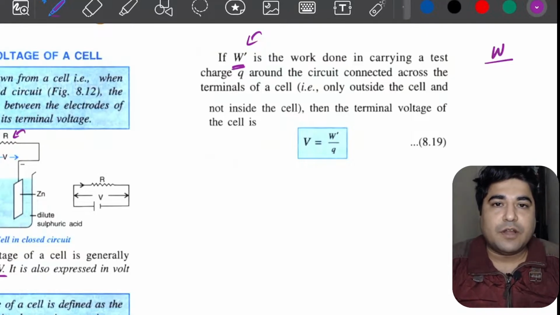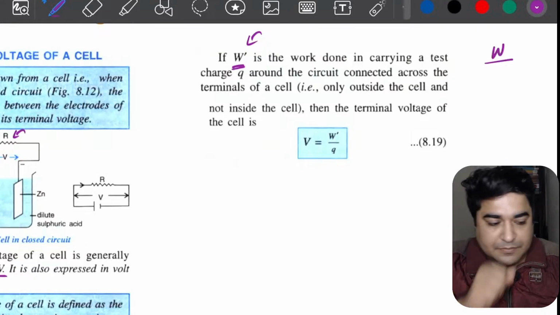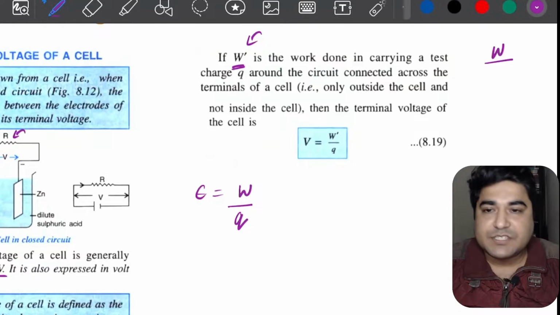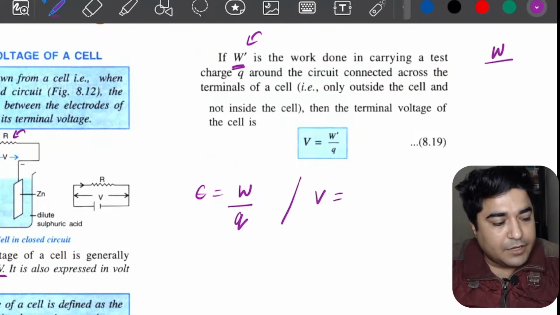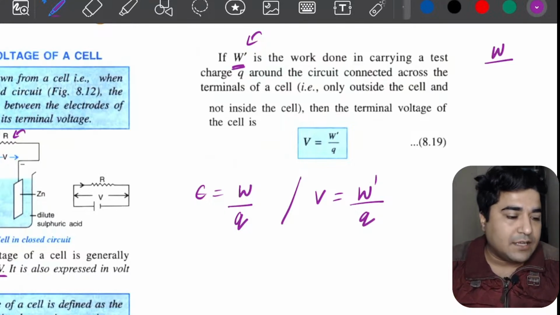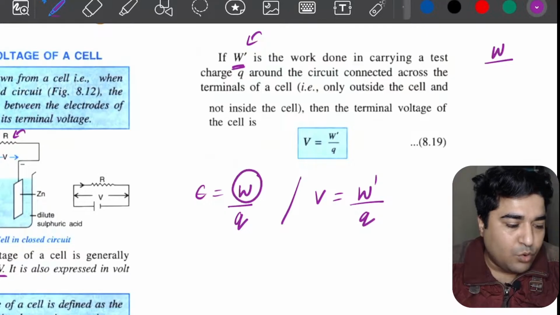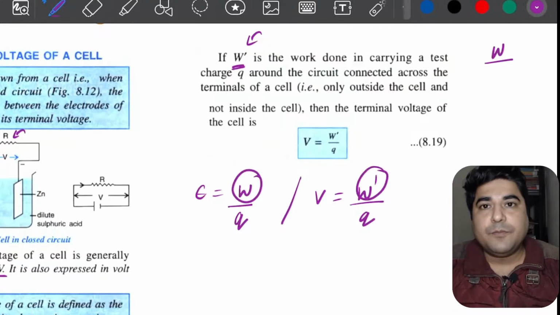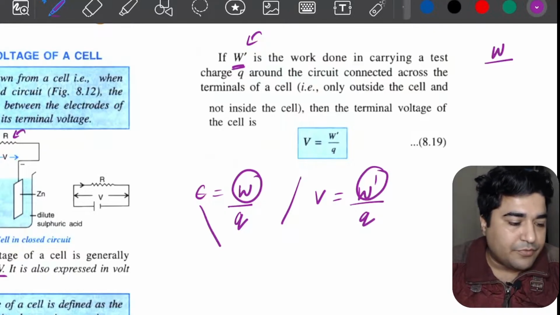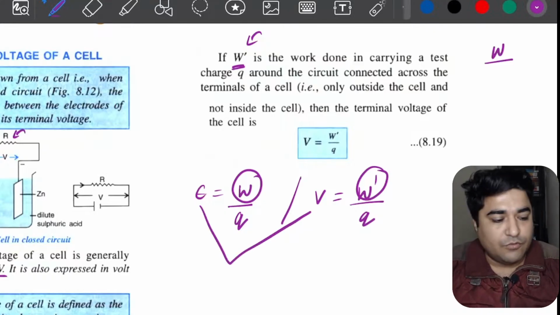For EMF, W over Q was taken as the value, while for terminal voltage the work done is a different value for the same charge. W and W dash won't be equal, so the values of E and V would be different.